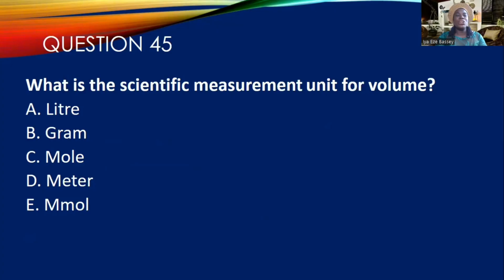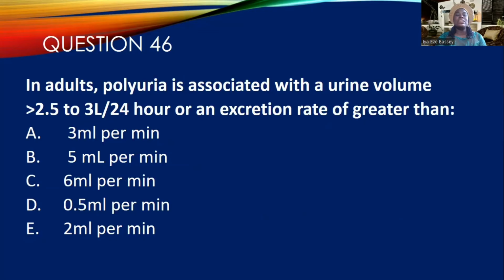All right, so question number 45. What is the scientific measurement unit for volume? That's very easy now. It's A, liter. Okay, question 46. In adults, polyuria is associated with a urine volume greater than 2.5 to 3 liters per day, or an excretion rate of greater than, how would you get this answer?